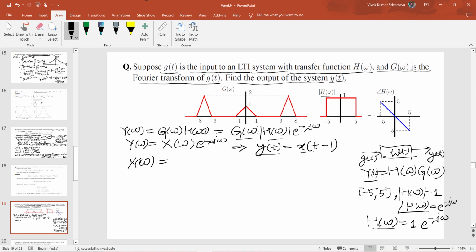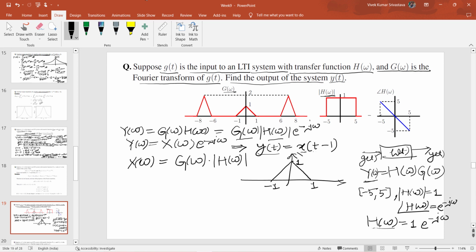let me define. This is nothing but g of omega into mod of h of omega. So basically you have to multiply these two. Once you multiply mod of h of omega with g of omega, you will get the distribution from -1 to 1, where the peak value will be 1.